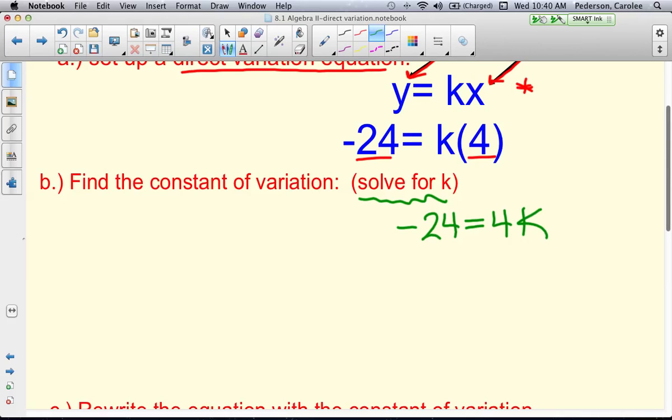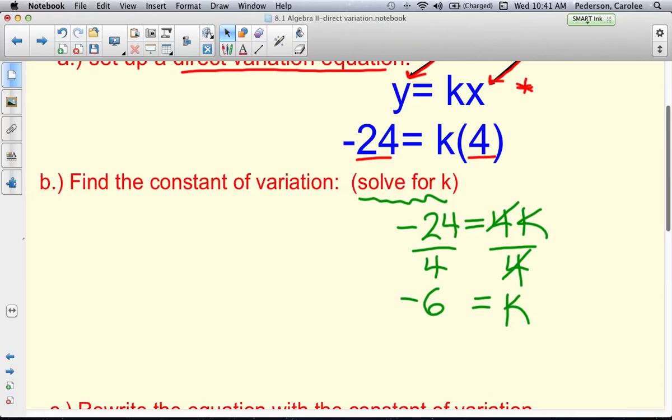Now we have to get that k by itself, so we want to undo the 4 times k. So to undo that, we divide. So we divide both sides by 4. The 4's will cancel. And then negative 24 divided by 4 is negative 6. So what we just found is what we call the constant of variation, k.